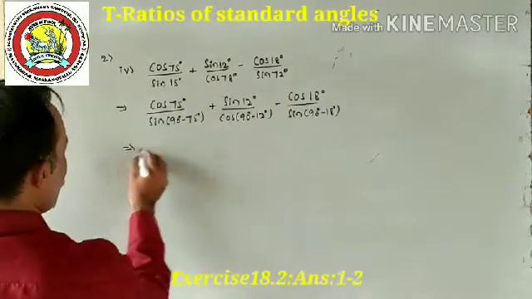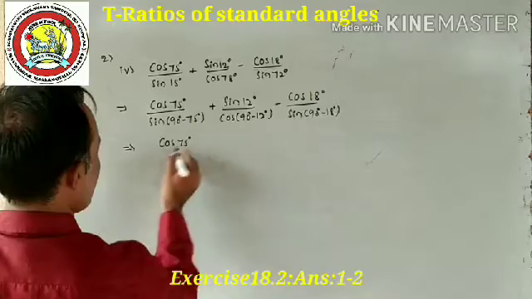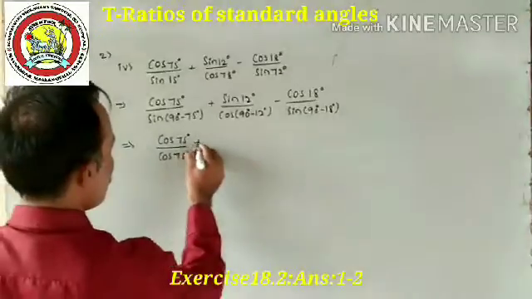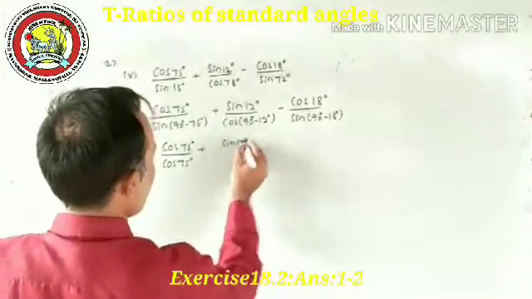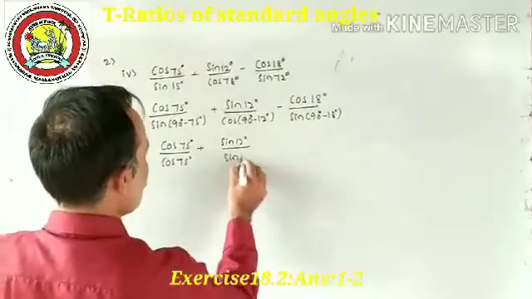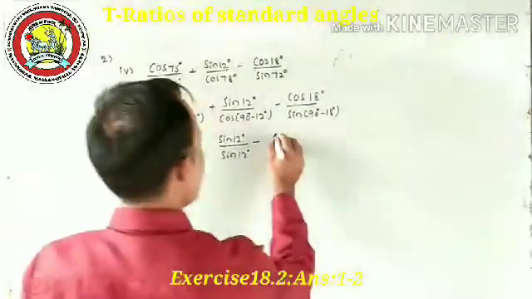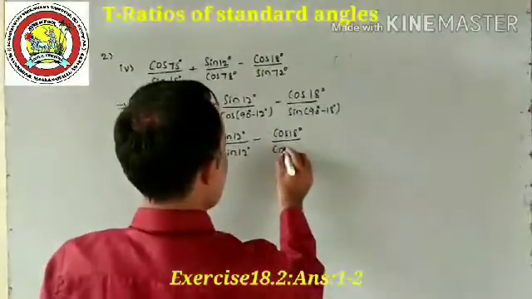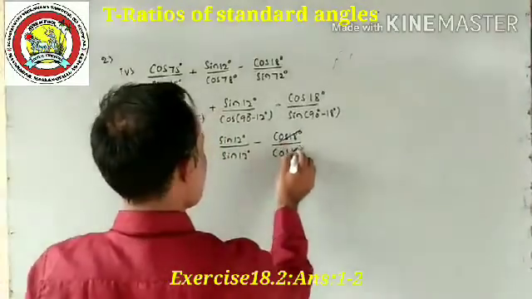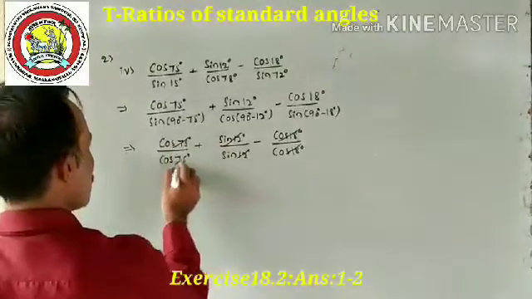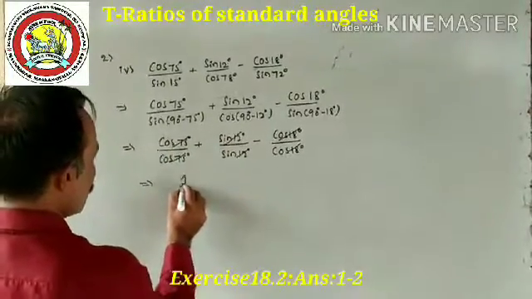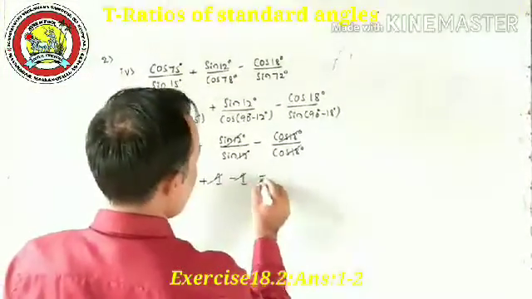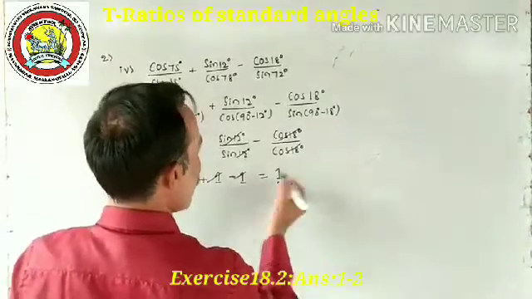So this implies cos 75 over sine (90 minus theta) which is cos theta, that is cos 75, plus sine 12 over cos (90 minus theta) which is sine theta, that is sine 12, minus cos 18 divided by sine (90 minus 18), that is cos 18. This gets cancelled. Here also gets cancelled. So 1 plus 1 minus 1, plus 1 minus 1 gets cancelled. The final answer is 1.